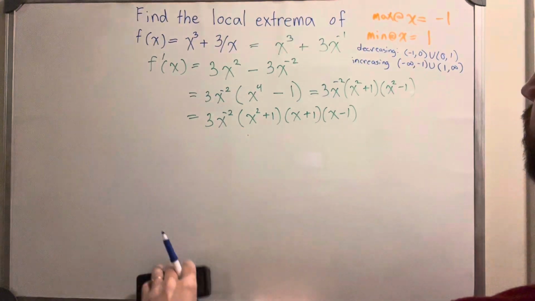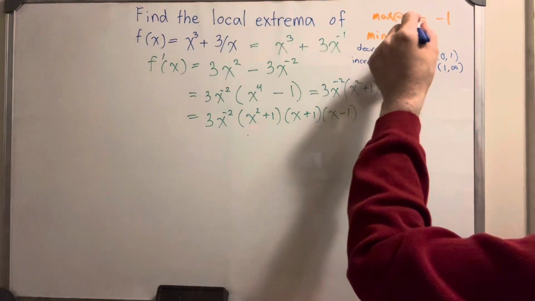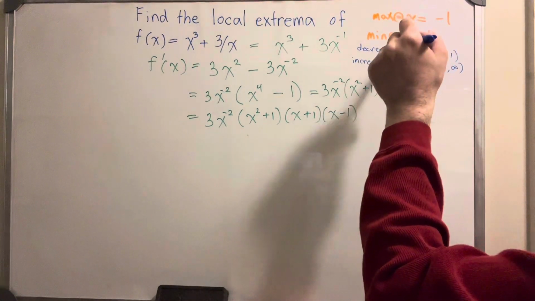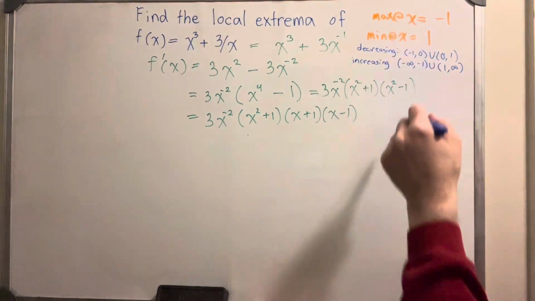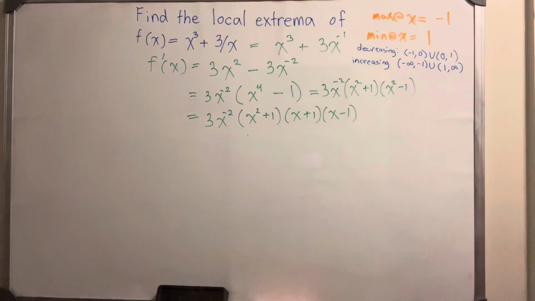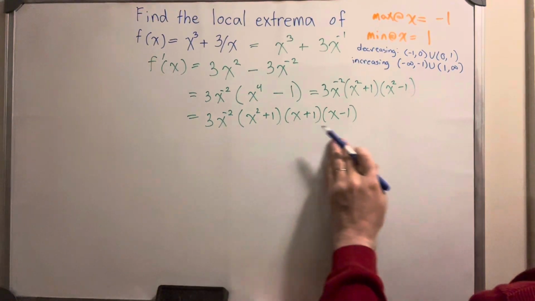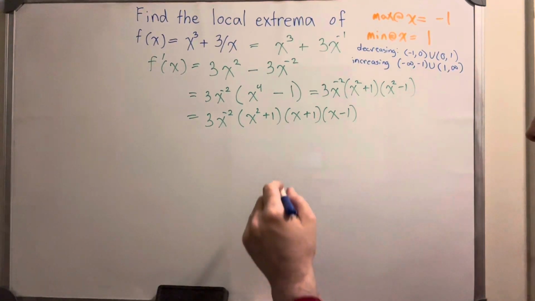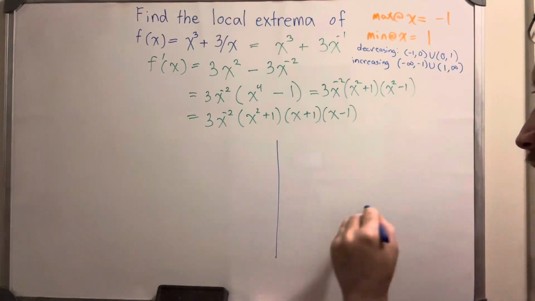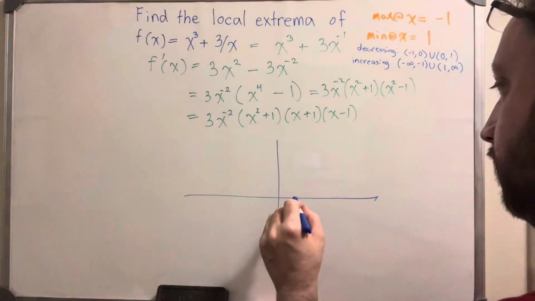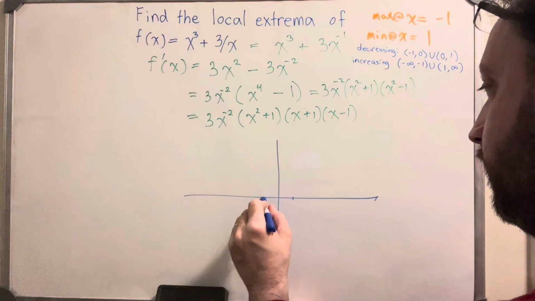So far we know the local maximum and local minimum, decreasing and increasing intervals. Now the next part is to sketch the function. Let's draw a little bit of coordinate axis right here. Let's put a negative 1, a 1 and a negative 1.